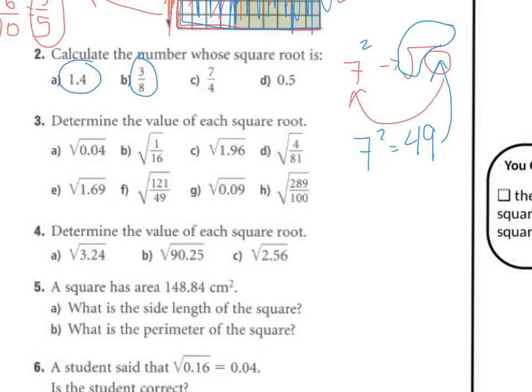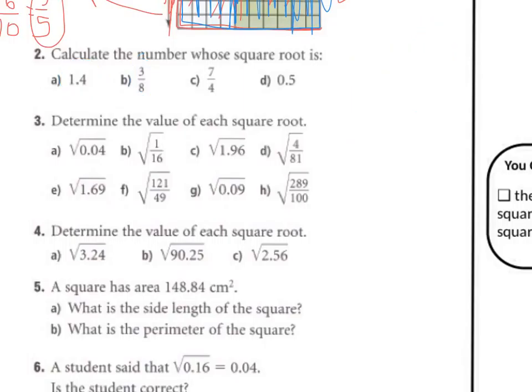So let's erase some of that. Okay. So it asks for 2a, this one's the square root, so we just go 1.4 squared.